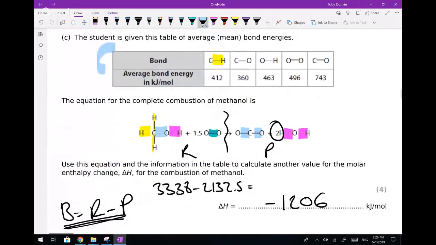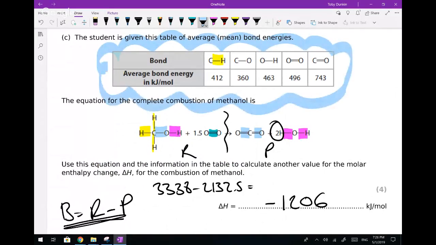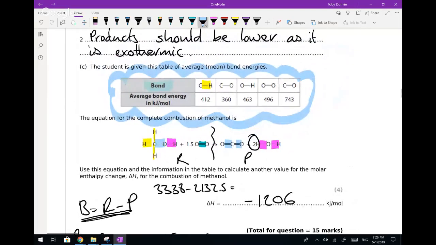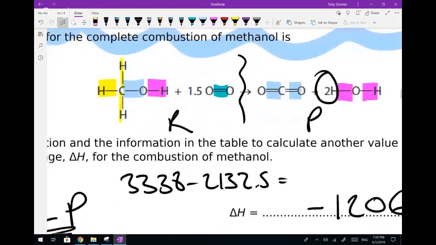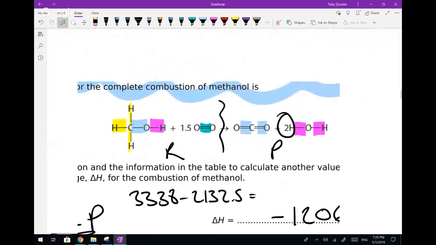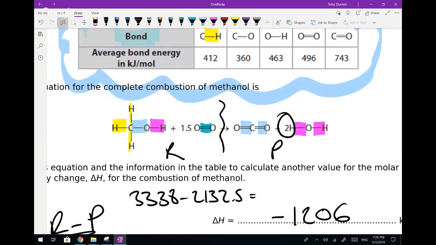That is bond data, and it has the word bond in it. It's kind of hard to miss, to be fair. It also has pictures of bonds in it, so it's very easy to recognize. Then, of course, they have given us an equation with all the bonds drawn out. And all I really needed to do here was to count them.